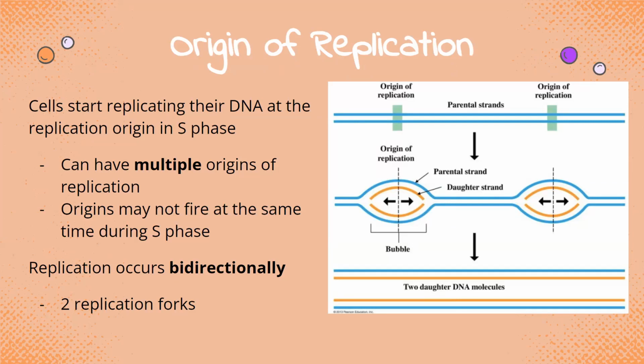They might fire simultaneously, but not at the same origin, obviously, because they're 2 different origins of replication. Typically, if a region of the genome needs to be expressed faster, you'll have more replication bubbles. And for each replication bubble, you're going in both directions, which also makes the process faster. Any questions?